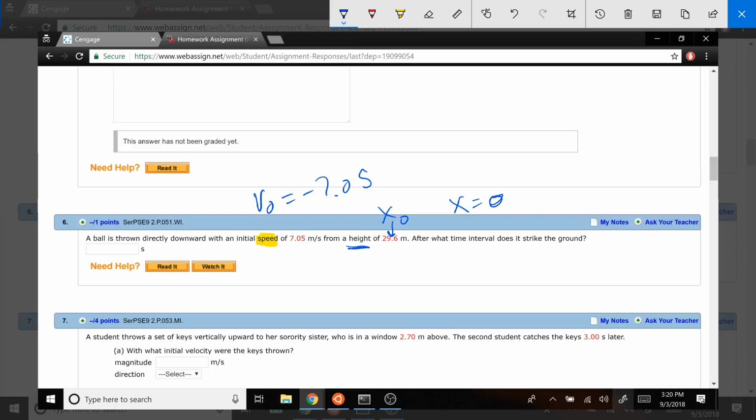That's important because it's another one of those variables off that list. I have an x naught and an x, which really means it's a delta x situation. But if you try it that way, you're gonna get the delta x backwards. What's the value of delta x? Xf minus x naught. Yeah, but how much did it move?